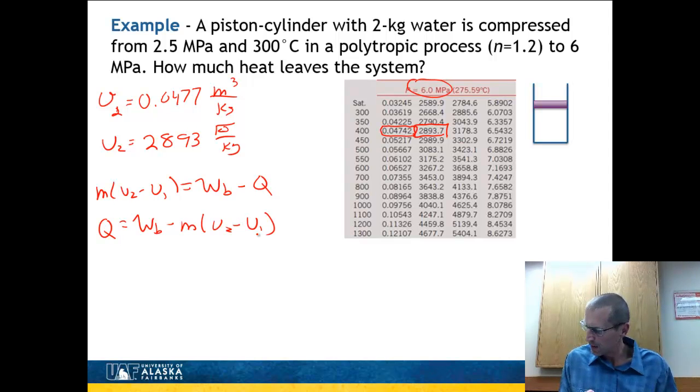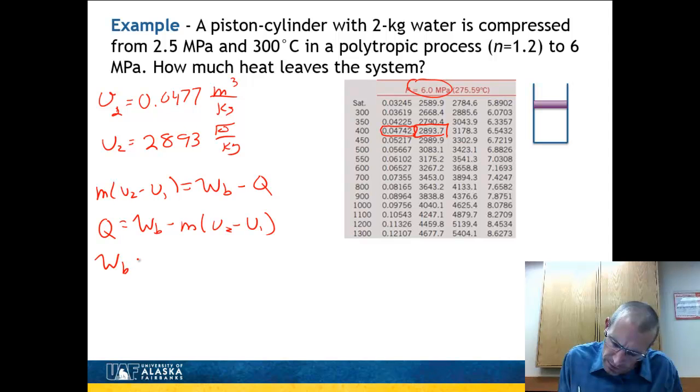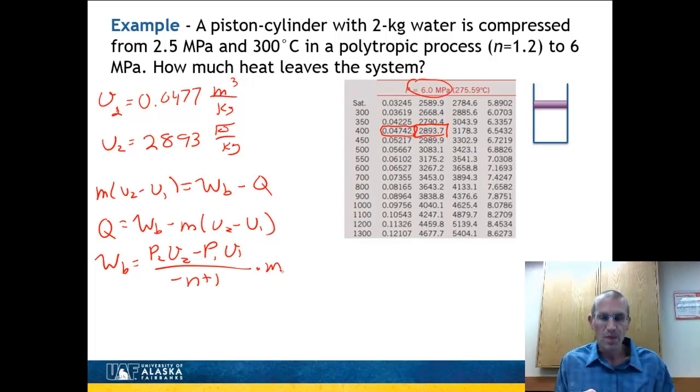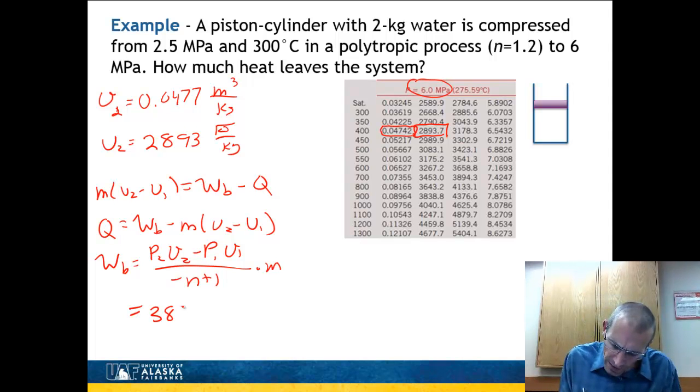I need to calculate my boundary work, so I have (P2 V2 minus P1 V1) over (minus n plus 1), and I need to multiply all that by the mass. Plugging in the numbers that I had on that slide, that number comes up to 388 kilojoules.